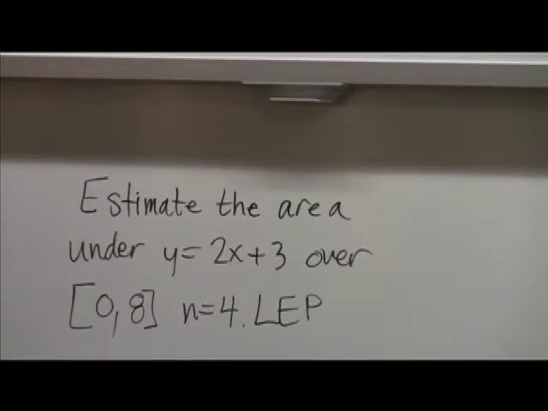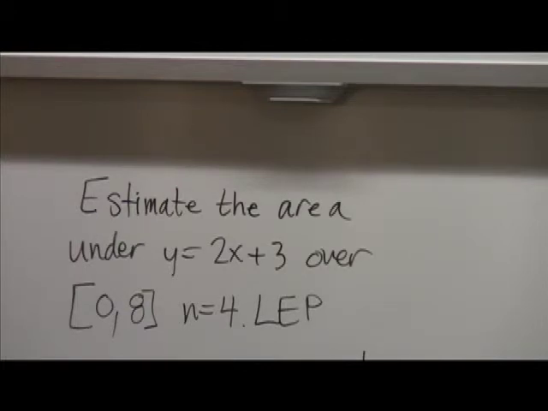I just make a chart: x, y, delta x. Delta x equals b minus a over n. So in this case, it equals 8 minus 0 over 4, which equals 2. So I start at 0 and I count up by this: 2, 4, 6, 8.